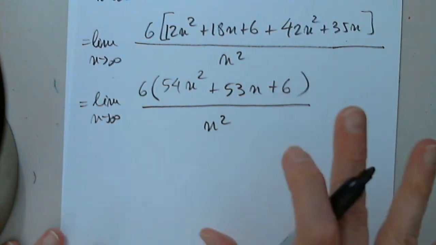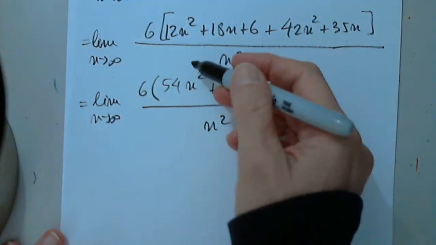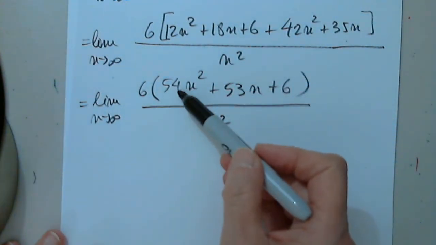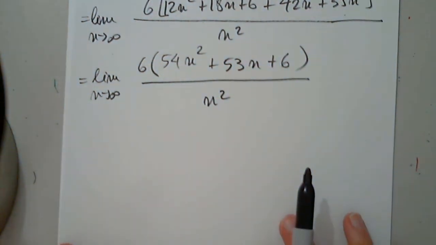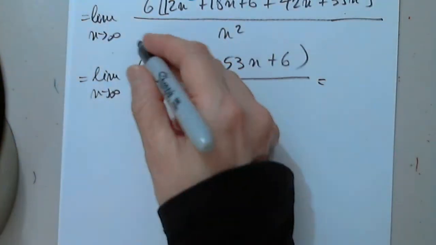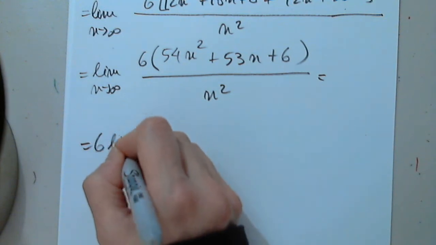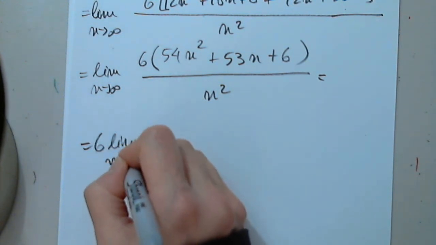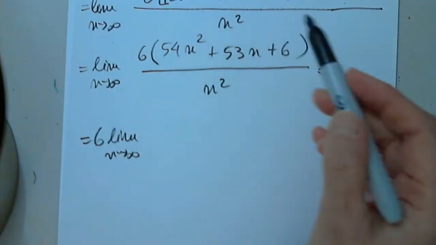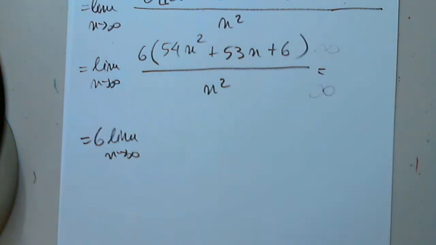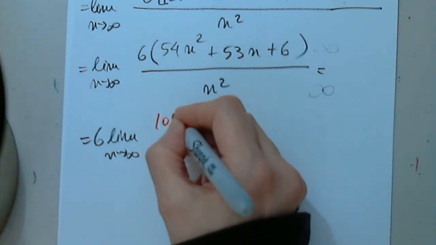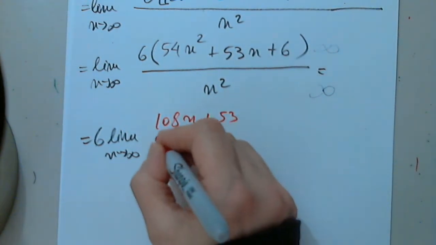At this point, we should already say, I see it's the same degree over same degree, it will be 6 times 54. But let's say we don't see that. So I can take 6 in front of the limit. I differentiate because it's infinity over infinity. I get 108n plus 53.